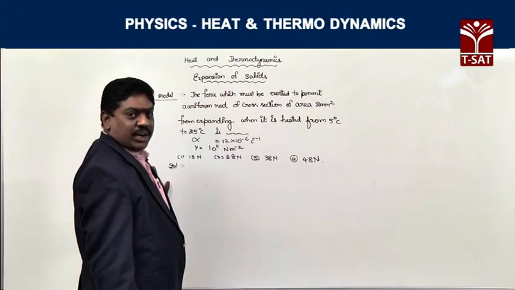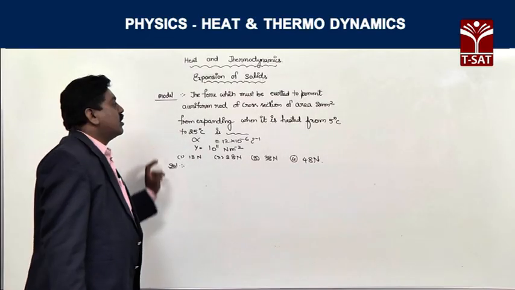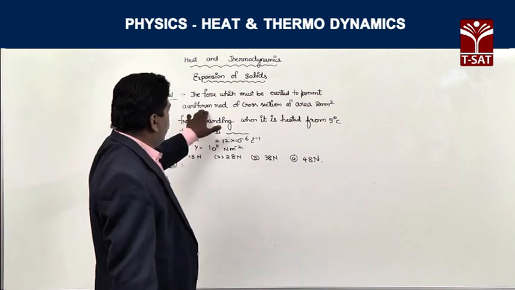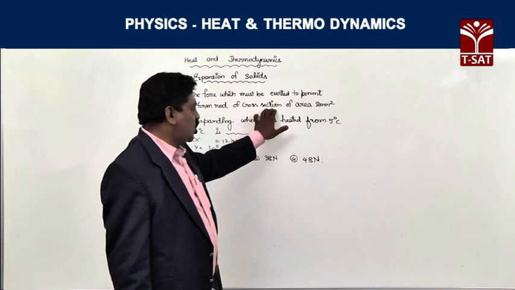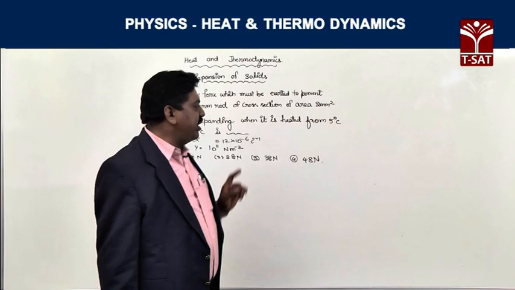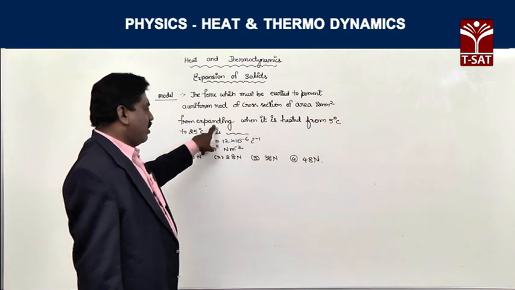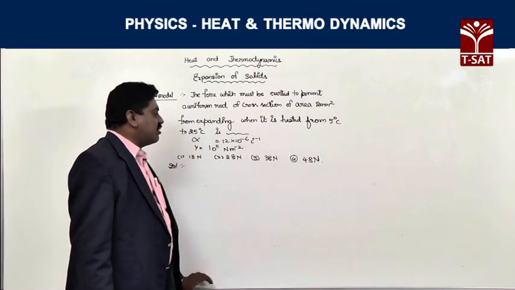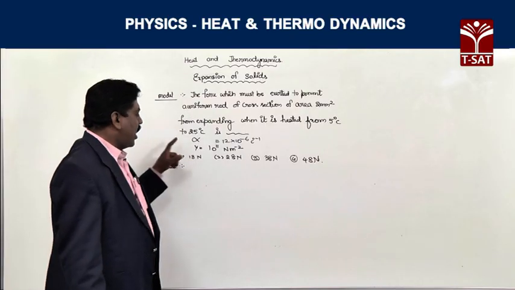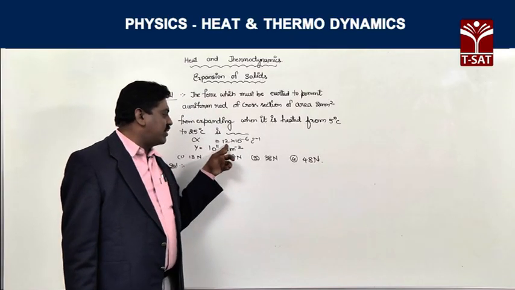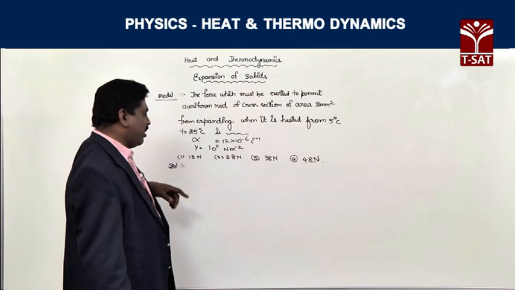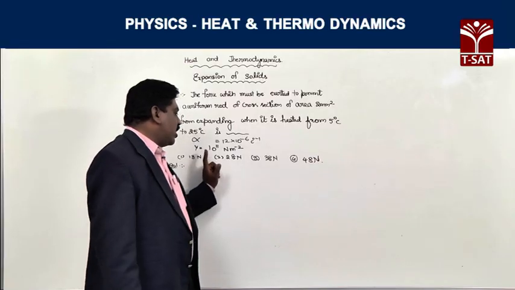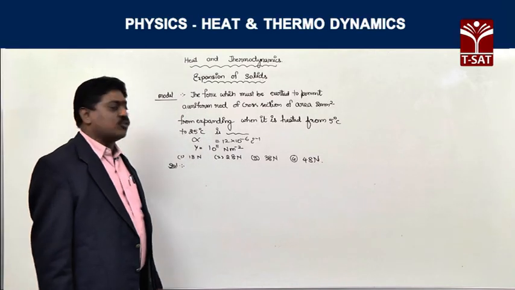Let us have another model right now. The model is the force which must be exerted to prevent a uniform rod of cross section of area 2 millimeter square from expanding when it is heated from 5 degrees Celsius to 25 degrees Celsius is, okay, and you are given the alpha value as 12 into 10 to the power of minus 6 per degree Celsius, and Young's modulus is given as Y equals to 10 to the power of 11 Newton per meter square.